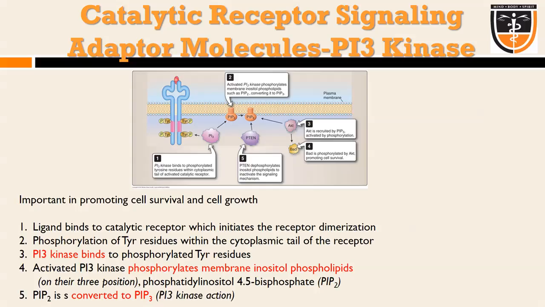We see here the phosphorylated tyrosine, we see the attachment of PI3 kinase to it, and now it will work on PIP2 and convert it into PIP3, which will now be a signaling molecule for this process.